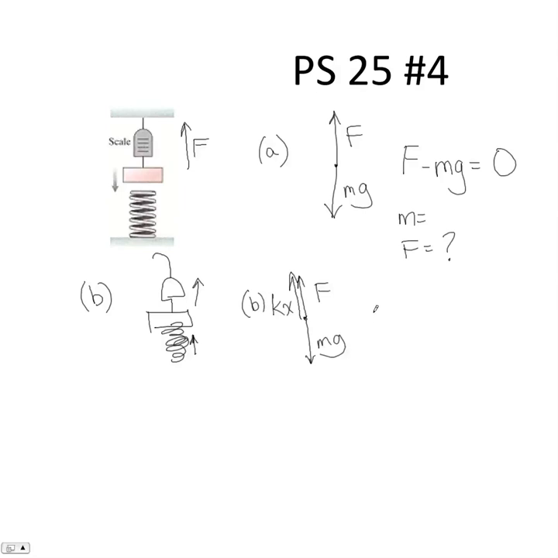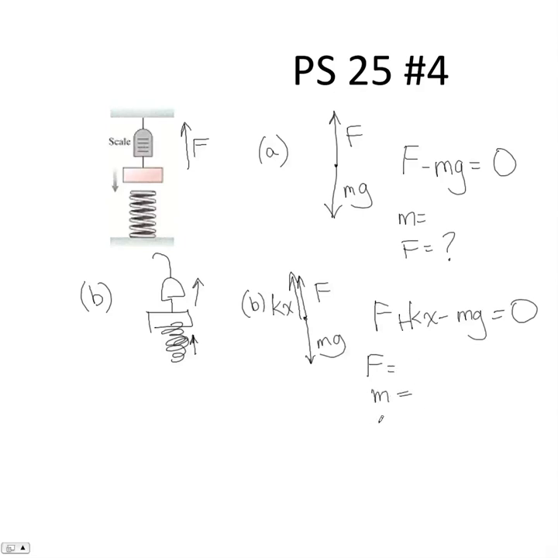Now I'm going to make the equation that goes with that diagram. I have F and Kx. They're both going up, so they're both positive. I have mg. It's going down, so it's negative. And those are going to add up to 0 because it's still not moving. So in this part of the problem, they gave you F. You know m from before.